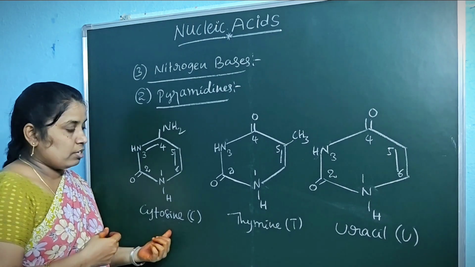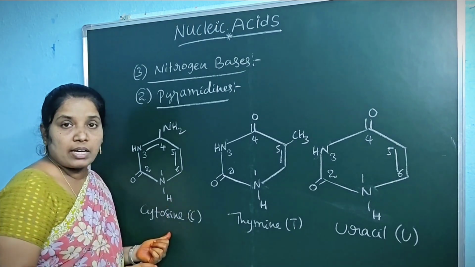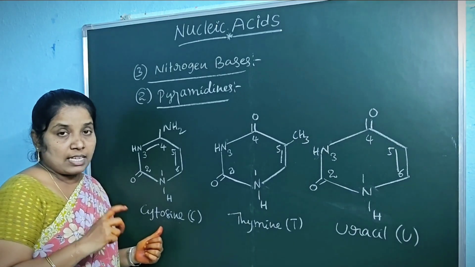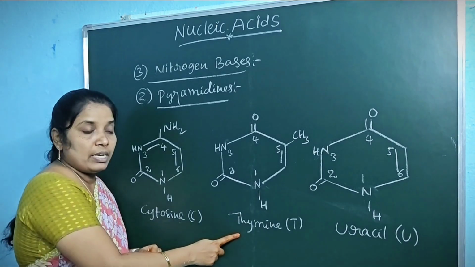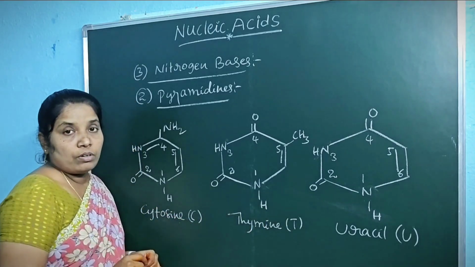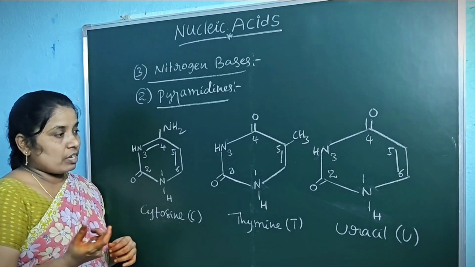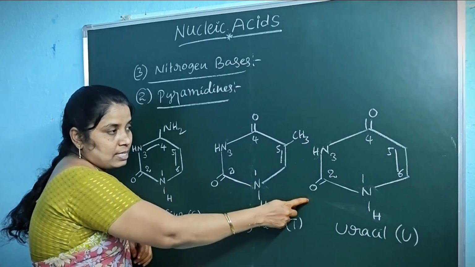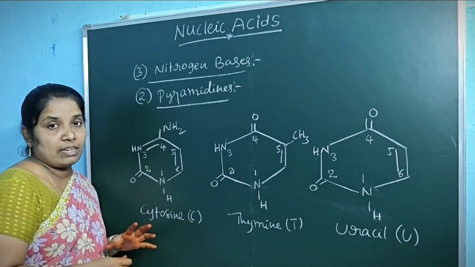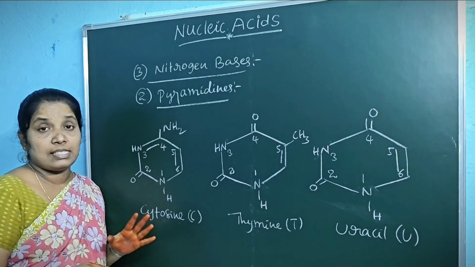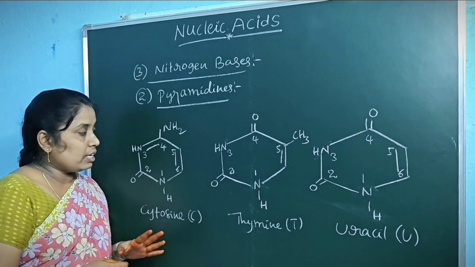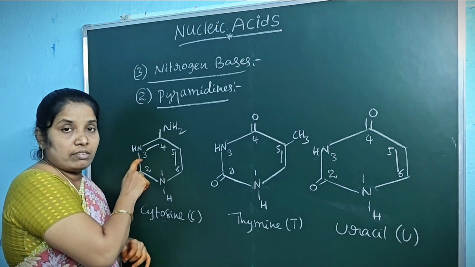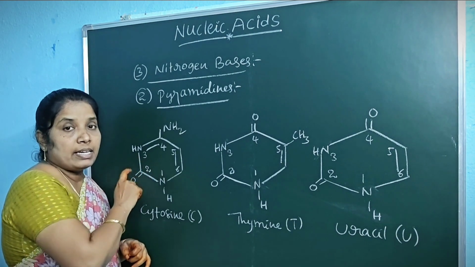Okay. So, cytosine and thymine are called pyrimidines. They are present in DNA, whereas in the case of RNA, thymine is replaced by uracil. Okay. So, you can see the structures of pyrimidine bases. All pyrimidine bases consist of the pyrimidine ring. The pyrimidine ring is just like a benzene ring, but the first and third carbons of the benzene ring are replaced by nitrogen.